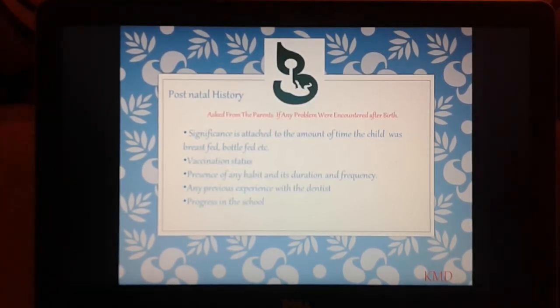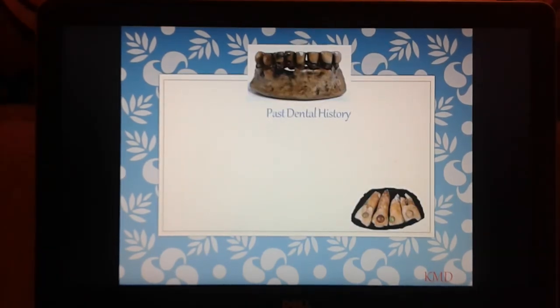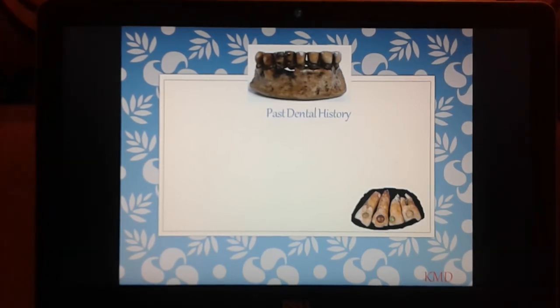The fifth component in the case history aspect is the dental history.